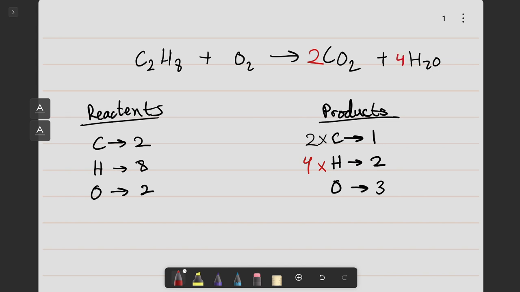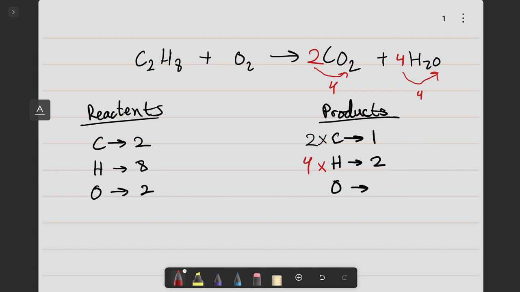Now oxygen, since we did all of this, our oxygen value actually changes. So it doesn't really stay as 3, because 2 times 2 gives us 4 and 4 times 1 gives us 4. So if we have 4 here and 4 over here, the total amount is actually 8. It's not 3 anymore.